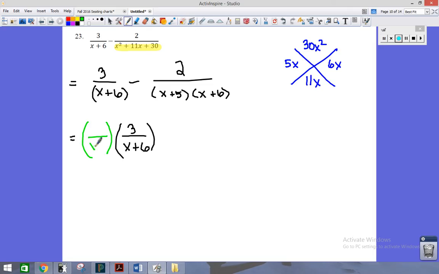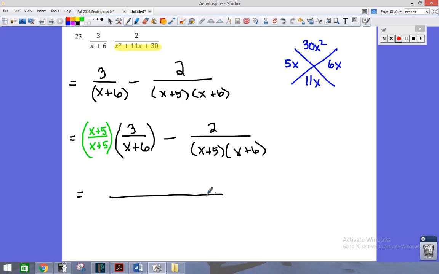So if I put x plus 5 here, then I have to put an x plus 5 in the numerator. And now this problem is so much easier because I have two fractions with the same denominator. And now I can write these two fractions as a single fraction, and I'm not going to do anything to that denominator. x plus 5 times x plus 6.